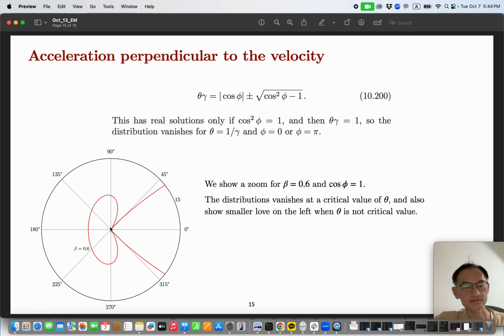But we have a smaller, what we call a smaller lobe on the left, as you see. And you have to think a little bit to see if these correspond to the small ones, but it's kind of interesting to have this little lobe in the case of acceleration perpendicular to the velocity. Okay, that's all I have to say.